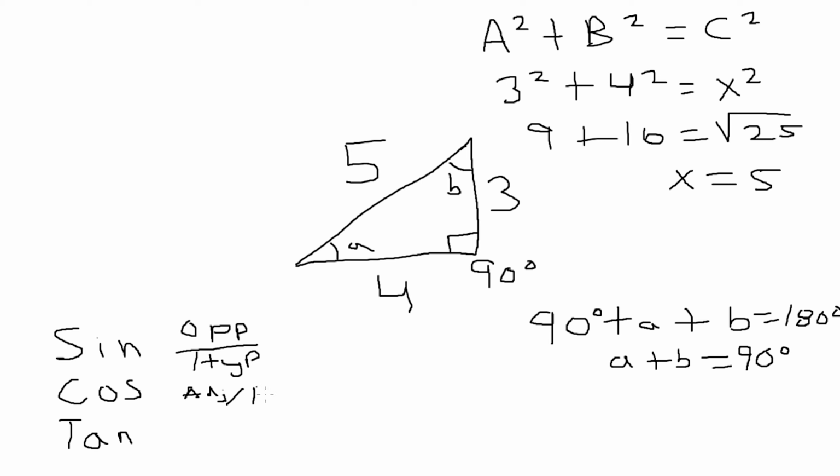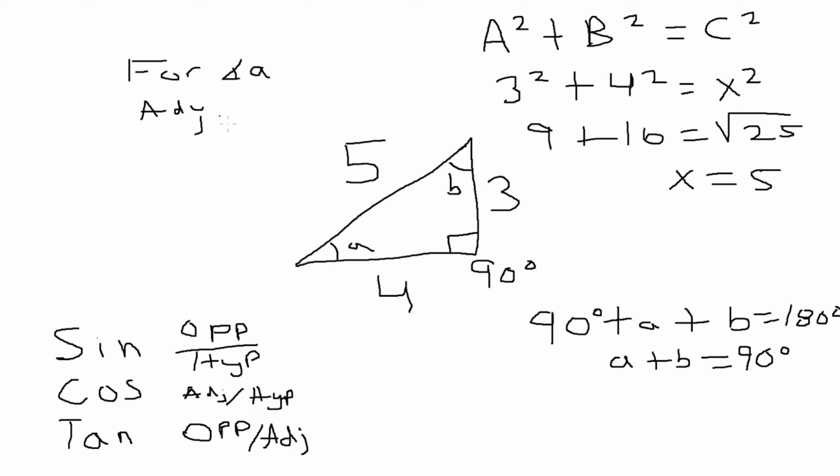For cosine, you have to do adjacent over hypotenuse, and for tangent, it is opposite over adjacent. And you can remember these with SOHCAHTOA. So SOH makes the "so" sound, CAH makes the "ka" sound, and TOA, that "toa" sound. That's the general tip for remembering these rules.